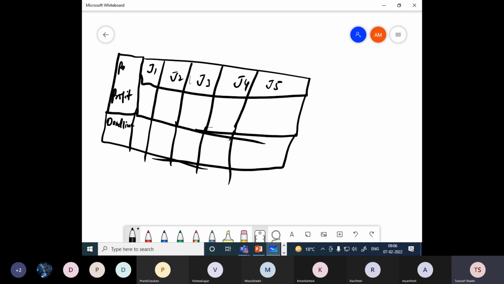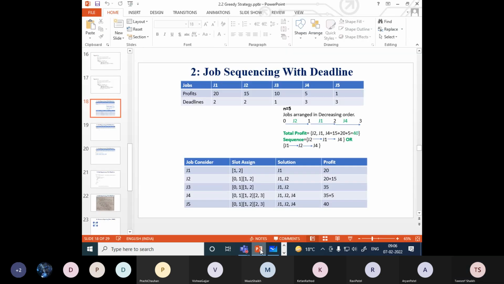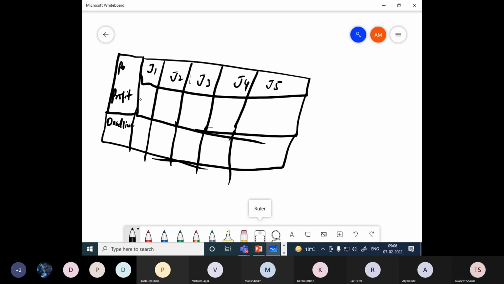So in the present case, the profits attached with the jobs are 20, 15, 10, 5. Profits are always arranged in decreasing order from top to bottom.